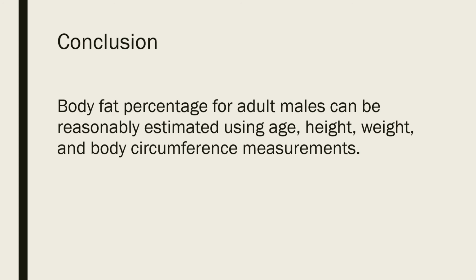And so this method is less costly than the total body submersion method used to take body density, used in those equations to measure body fat percentage. And so this, when the body fat measurement does not need to be extremely precise, could be a good method to use instead.